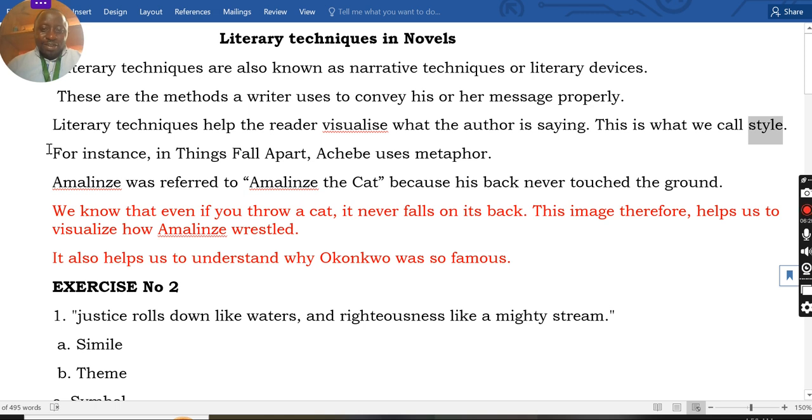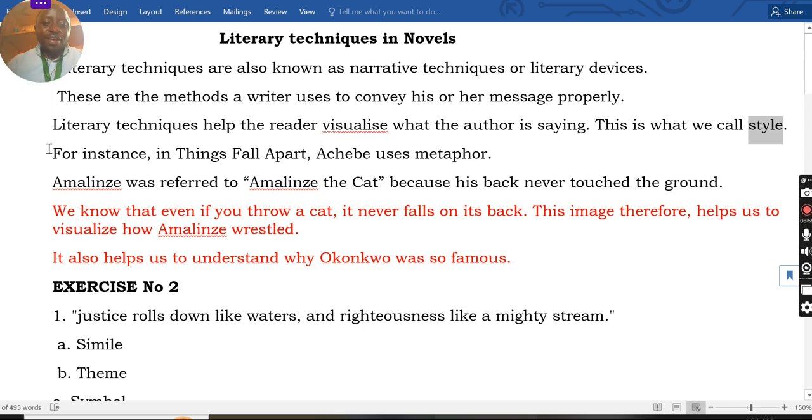Also, dear student, this was a metaphor, and you know the meaning of a metaphor. We have seen all this. These literary techniques in general, especially the metaphor, help us to understand better, to create the image in our mind.